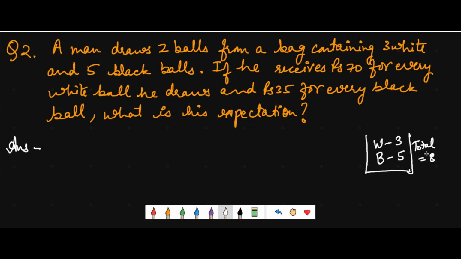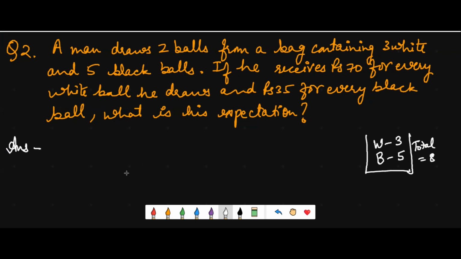So your capital X, your random variable, would be the amount that you will be getting on each ball. So this question is entirely different from the previous question, but it is somewhat similar because here also we are having a bag and the balls. But the amount question is very important from the exam point of view.